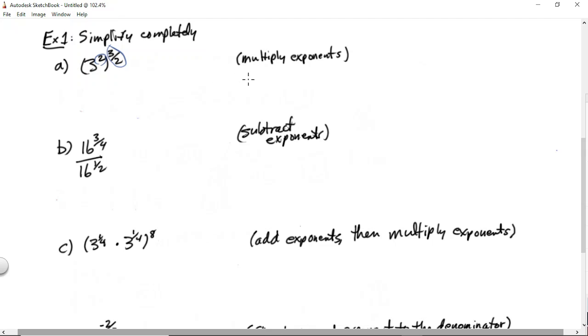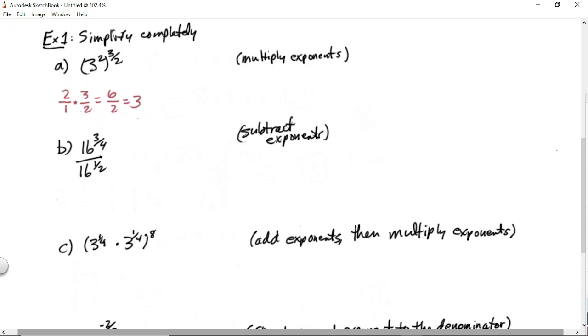But we still follow the rule, multiply exponents. So that exponent arithmetic I'm going to do in a different color down below. And it's multiplying 2 times 3 halves, but we'll write 2 as 2 over 1. Multiply that by 3 halves, numerator times numerator, denominator times denominator, and we get 3. That's the result of our exponent arithmetic.